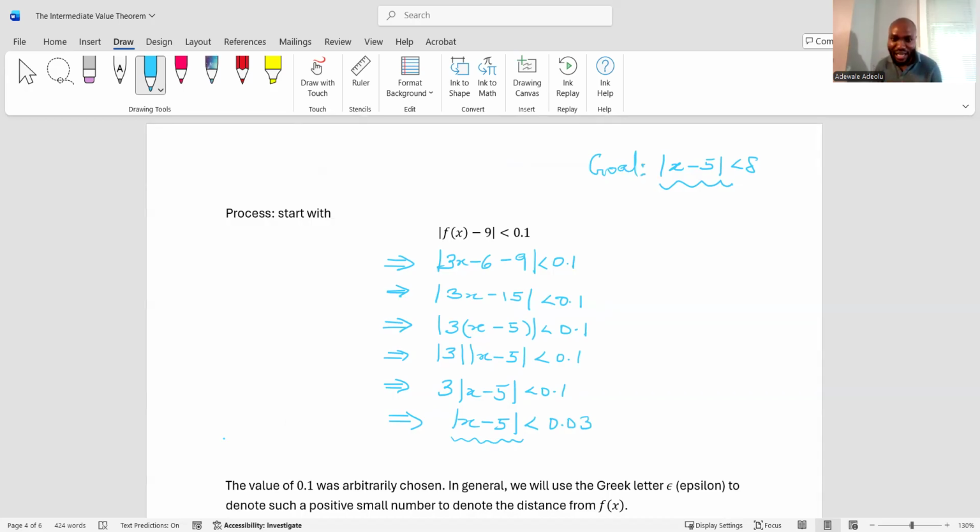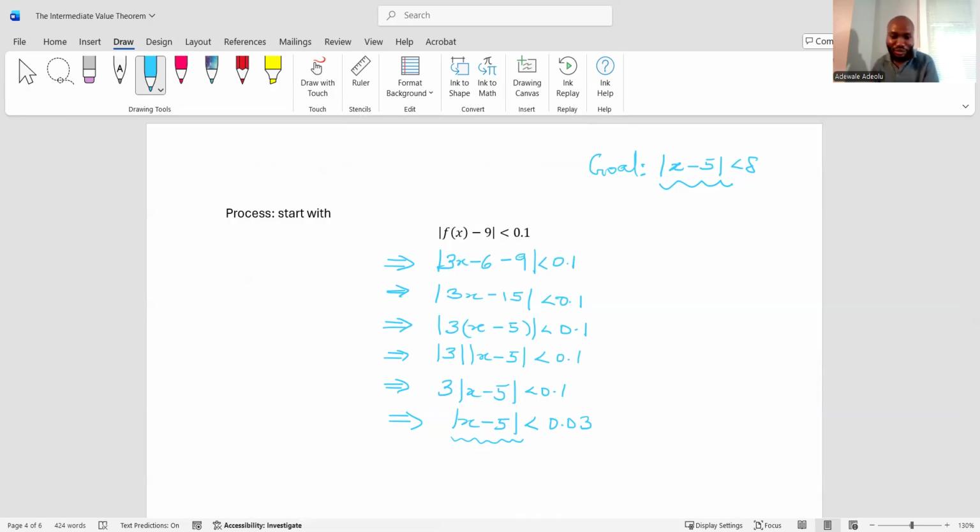I need to ensure that the value is less than 0.03. So now we know what our delta should be. Therefore, we need to choose delta to be 0.03.